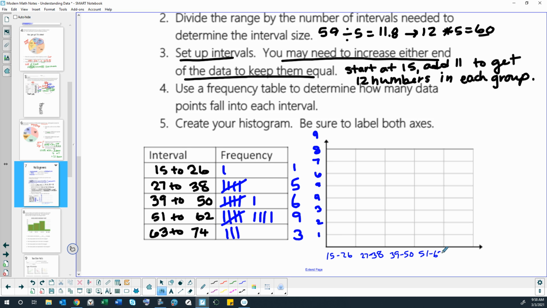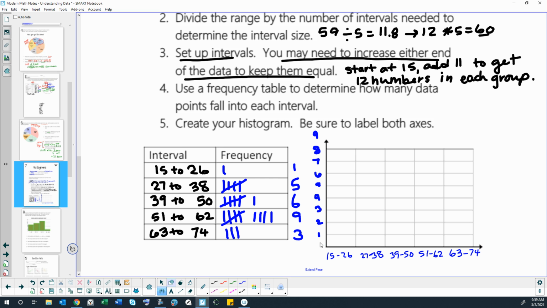I think we probably could have avoided going up to 9 if we had actually added the extra number at the end and done 16 to 75 instead. Maybe not. I feel like that would have adjusted it somehow so that we didn't have quite so many in this category. But it's too late now. We're done. We're going with it the way it is. So 63 to 74 here.